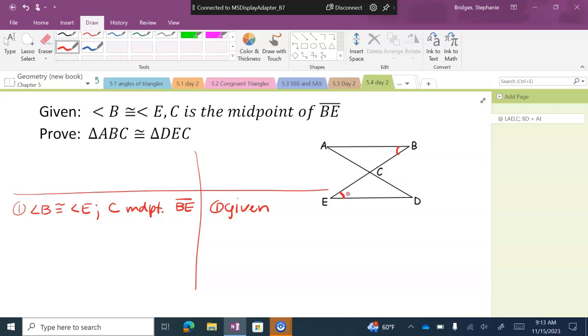Does knowing that I have congruent angles lead me to say anything else? Nope. What other piece of information does it give me? It gives me a midpoint, so I should be able to name what segments are congruent. If C is the midpoint of BE, what two segments would be congruent?